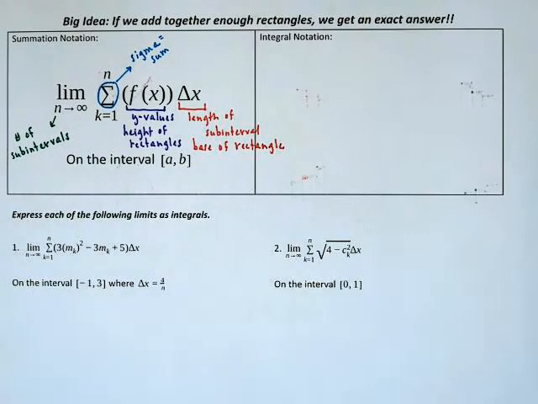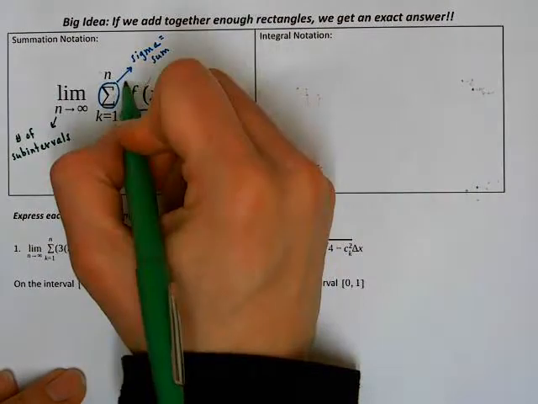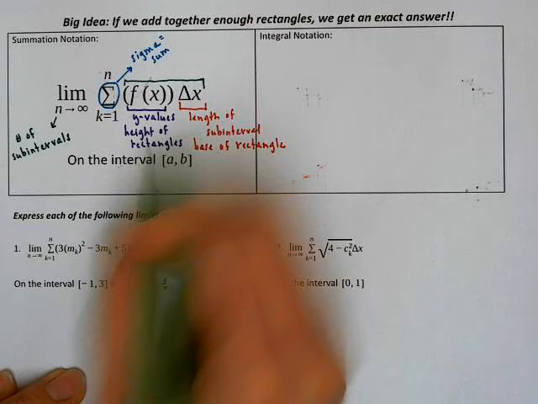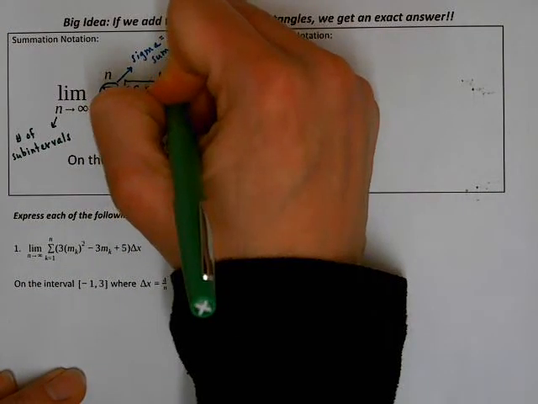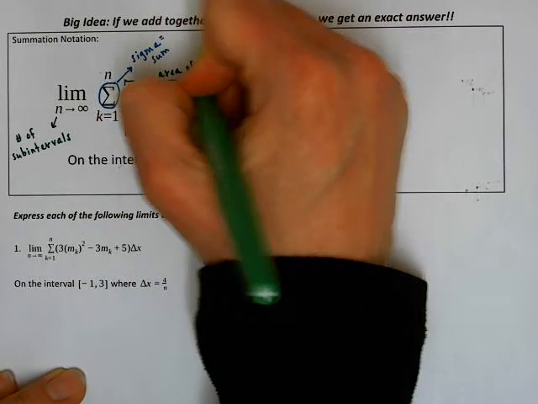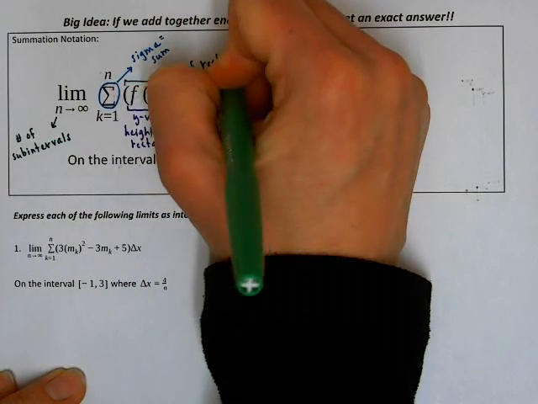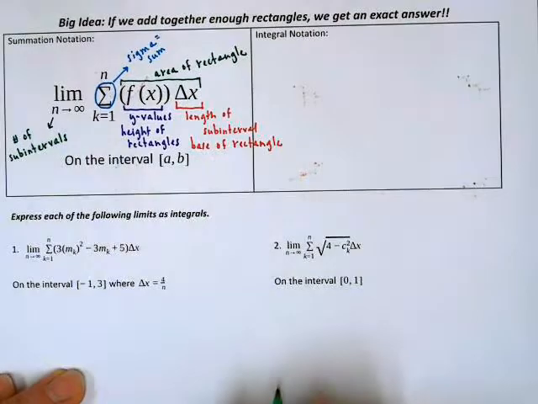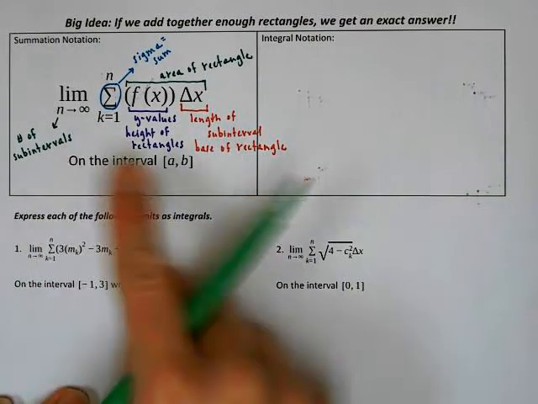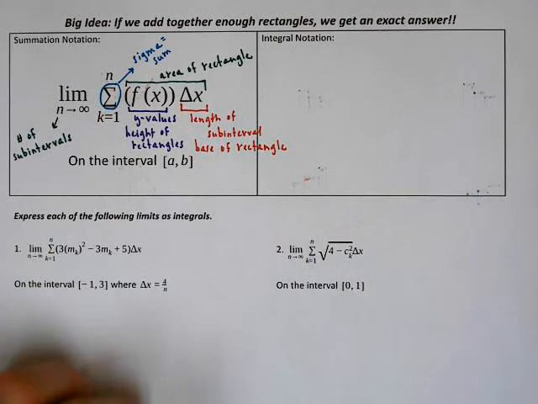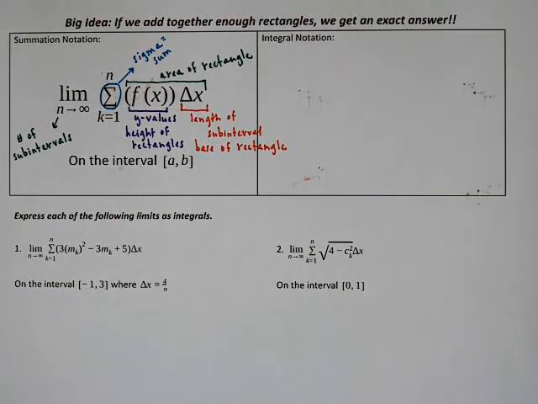With the idea being then, if I multiplied these two quantities, the height of the rectangle times the base, I should get the area of the rectangle. So this is kind of a complex way of saying, hey, let's let the number of rectangles approach infinity and then add up all of those areas. That should get real close to the actual value of the integral.